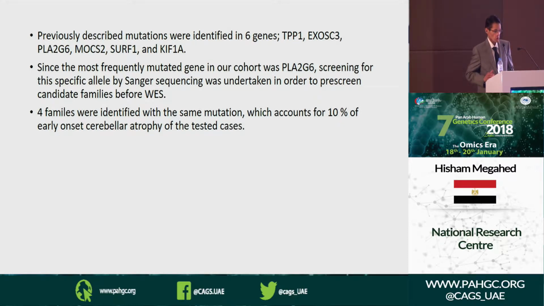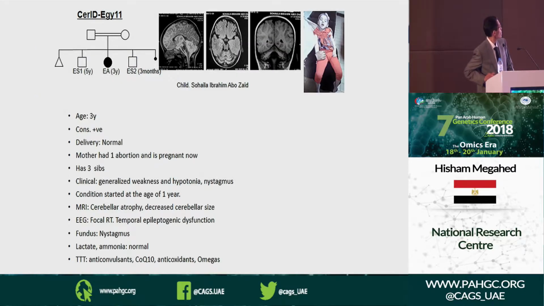So all in all, among 40 cases, we had 4 cases with the PLA2G6 mutation, which made us think that it's better to Sanger sequence all the cases that we collect for this genetic disorder before going to whole exome sequencing, just to save the cost of whole exome sequencing if we can find the mutation in PLA2G6 from the beginning.